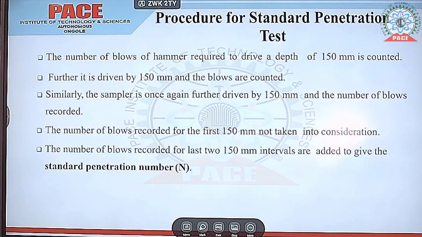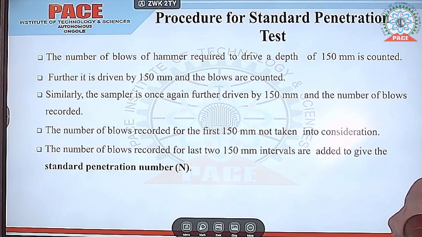The number of blows of the hammer required to drive a depth of 150 mm is counted. Further, it is driven by 150 mm and the blows are counted. Similarly, the sampler is driven again by 150 mm and the number of blows is recorded.